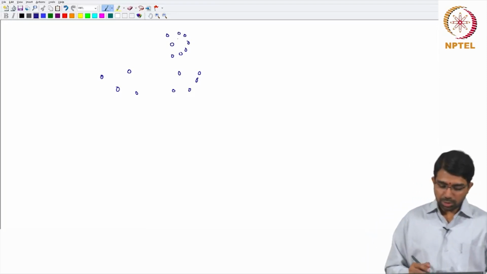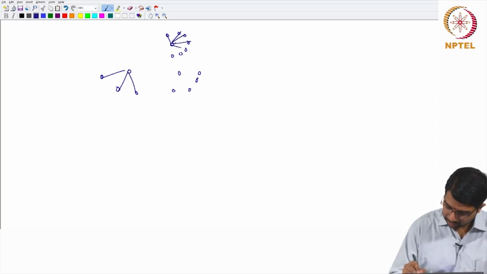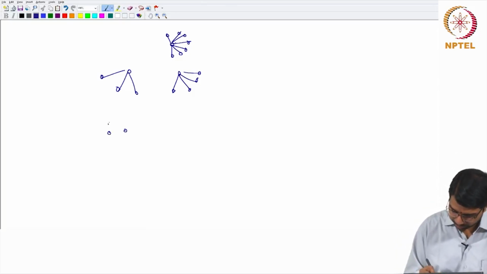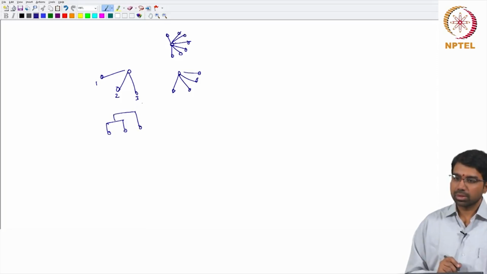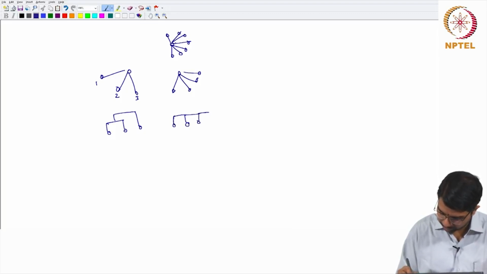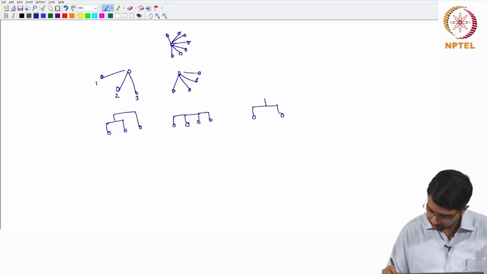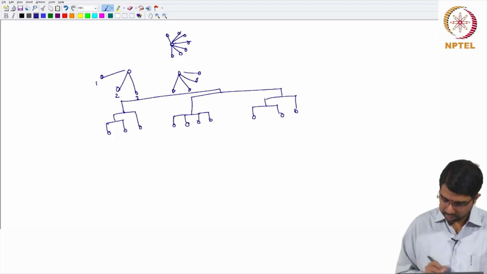Now, let us start putting back the edges. We first add these edges, then we add these edges, then we add these edges, and this would correspond to the hierarchical clustering. So, let us say this is 1, 2, 3, something of this sort, and then these get added, or in fact you can have it like this, they are all the same distance, and maybe something else like this here, and then this gets connected to this gets connected to this.